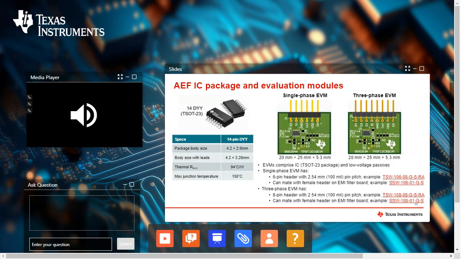We have EVMs for both the one-phase and the three-phase ICs, offered with pin headers to help interface with evaluation. Note, the default compensation components on the EVMs may need to be changed using the quick start calculator in order to suitably use AEF IC in your specific common mode filter application.